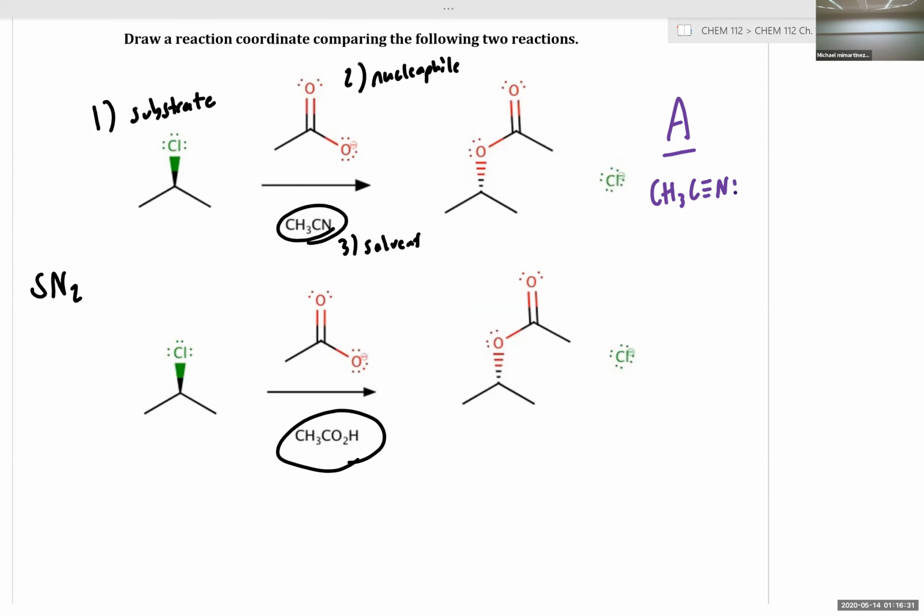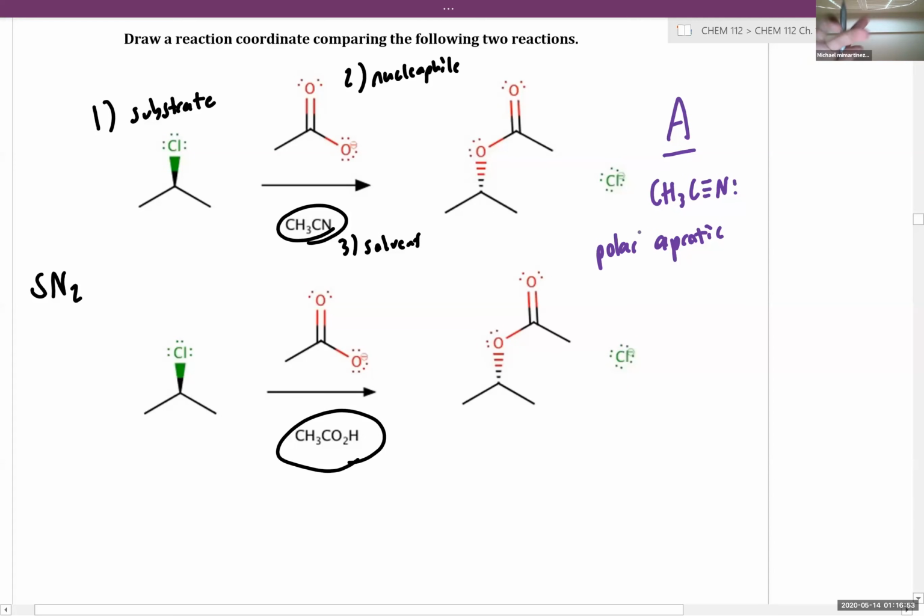Don't be shy to go to your reference table, but just looking at this structure as drawn, can this structure form hydrogen bonds? It's aprotic, exactly right. Okay, perfect. Technically, fully, it's polar aprotic.